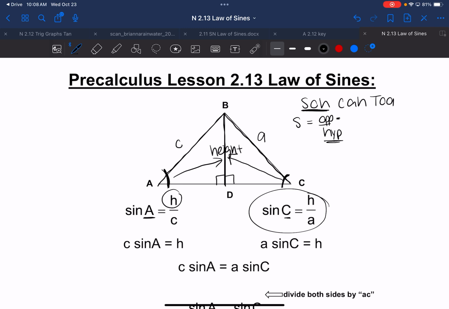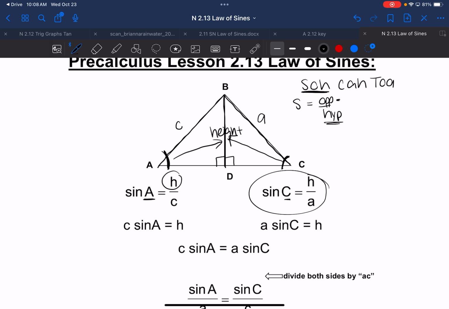It then says that you could solve for H. Well, in this equation right here, if I wanted to solve for H, how could I get rid of the c that it's being divided by? Multiply. So I could multiply this side by c, and then I'd also have to multiply this side by c, and then those would divide out.